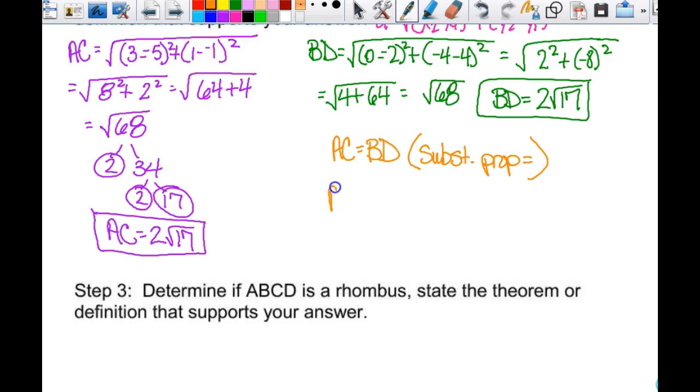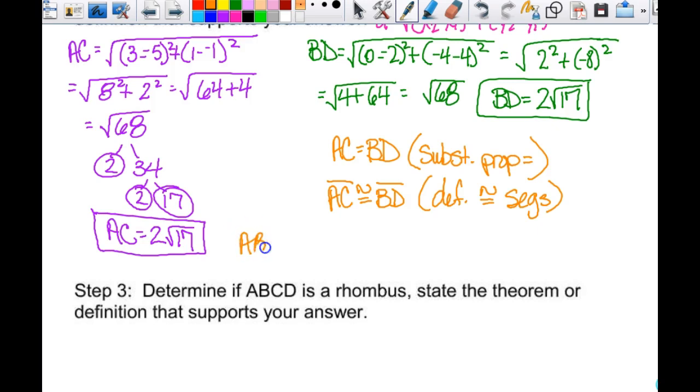So from here, I can say that, though. Line segment AC is congruent to line segment BD. And anytime you go from equality to congruence or vice versa, that's always the definition. So this is the definition of congruent segments. So now I've said these two segments are congruent. Well, since those segments are the diagonals, means the diagonals are congruent, which tells me that this is a rectangle.